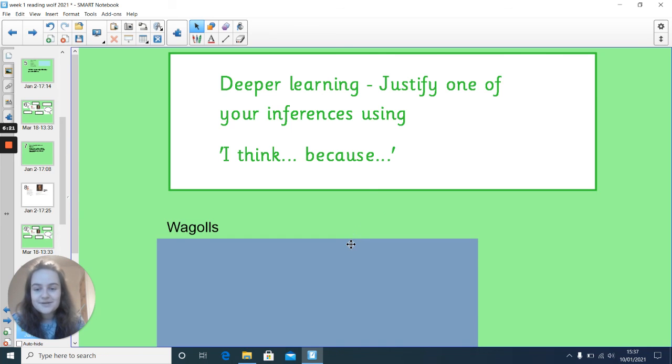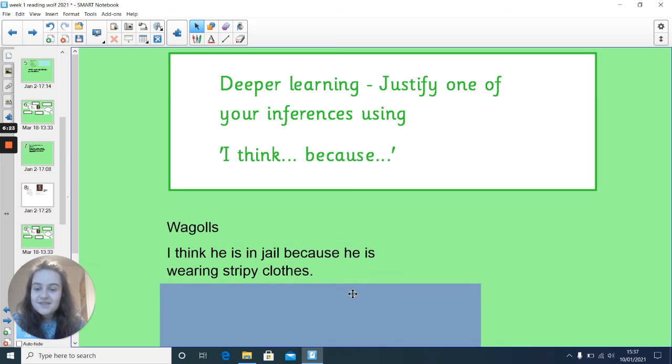Here is an example. "I think he is in jail because he is wearing stripy clothes." So you've made your inference, "I think he is in jail," and you've told me why you think that, because he's wearing stripy clothes. You could also write, "I think he is in jail because he is the wolf from the 3 little pigs story," or "I think he is in jail because he blew the pigs' houses down."